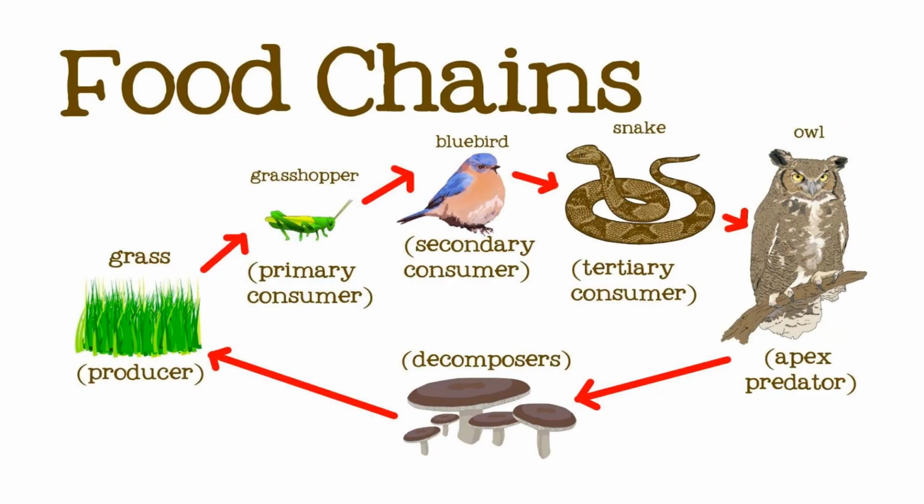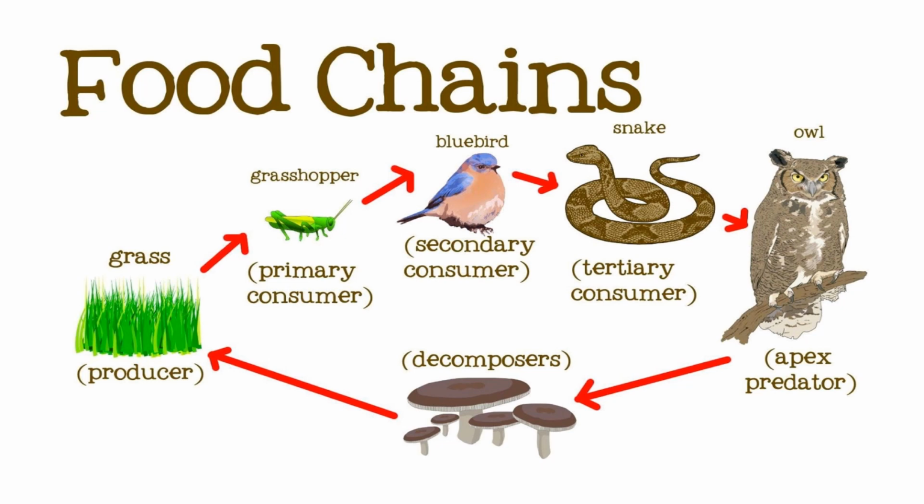Dear children, now let us look at a food chain. On your left hand side, you can see that the first picture is of grass.